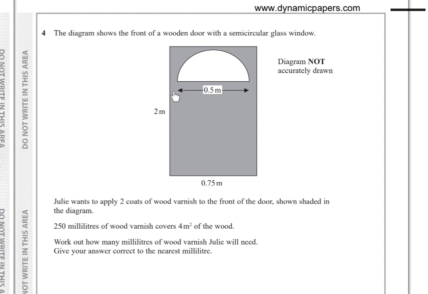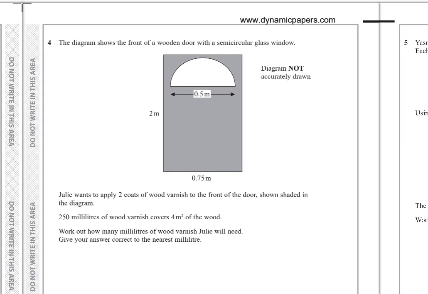So we need to find the area of the shaded. Area of the shaded equals area of rectangle minus area of semicircle. So area of the shaded equals 2 times 0.75, this is the area of rectangle, minus area of semicircle, which is half pi r squared.